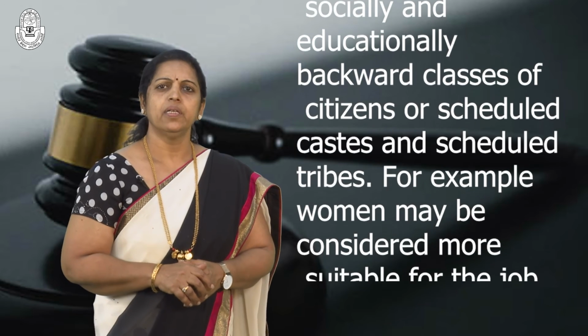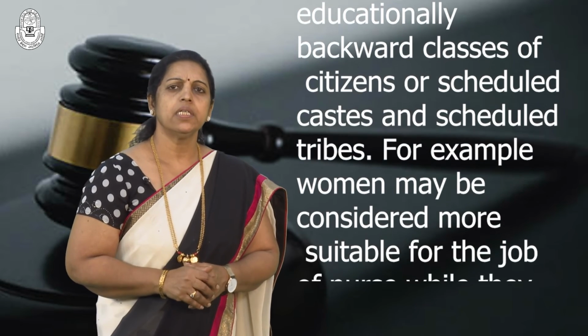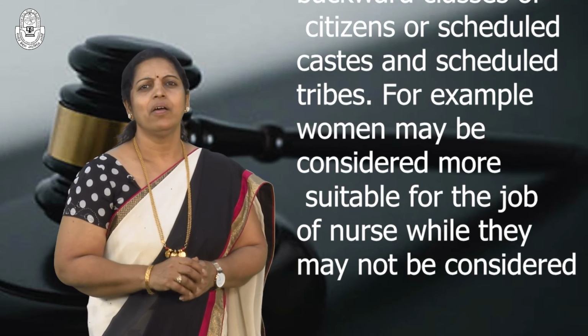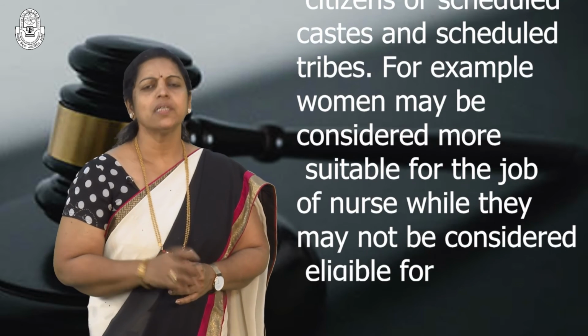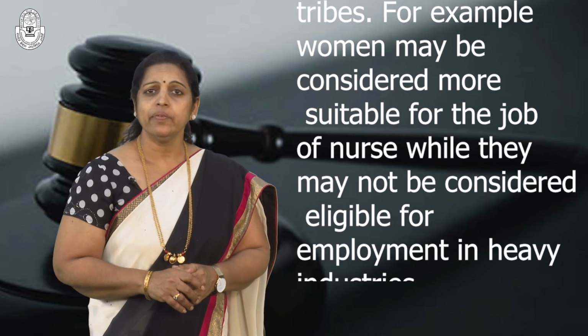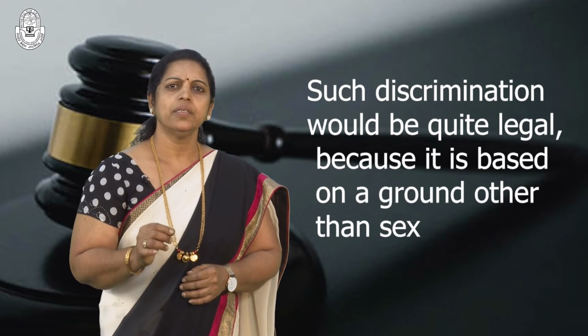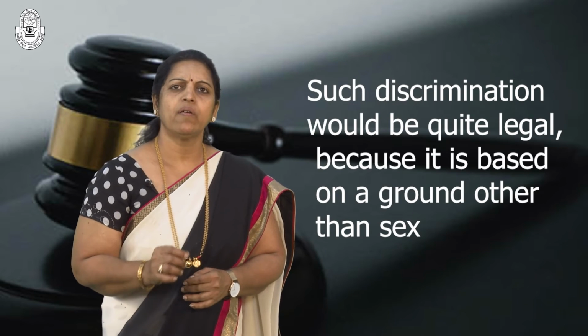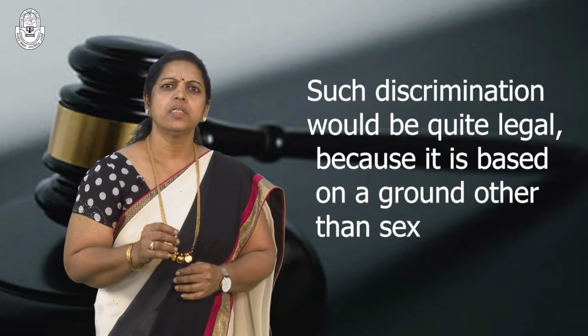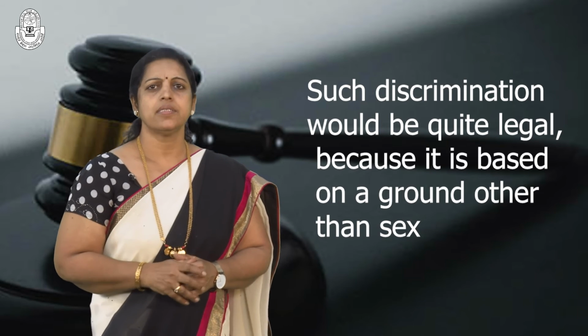For example, women may be considered more suitable for the job of nurse, while they may not be considered eligible for employment in heavy industries. Such kind of discrimination would be quite legal because it is based on grounds other than sex.